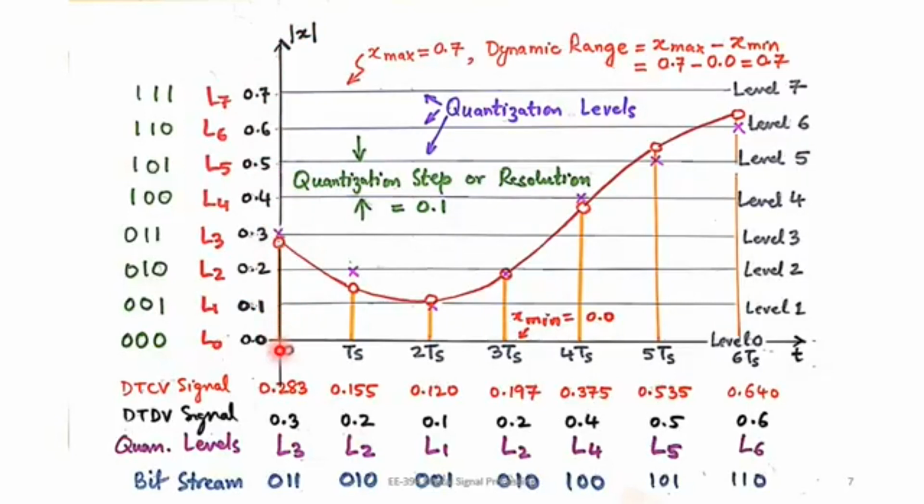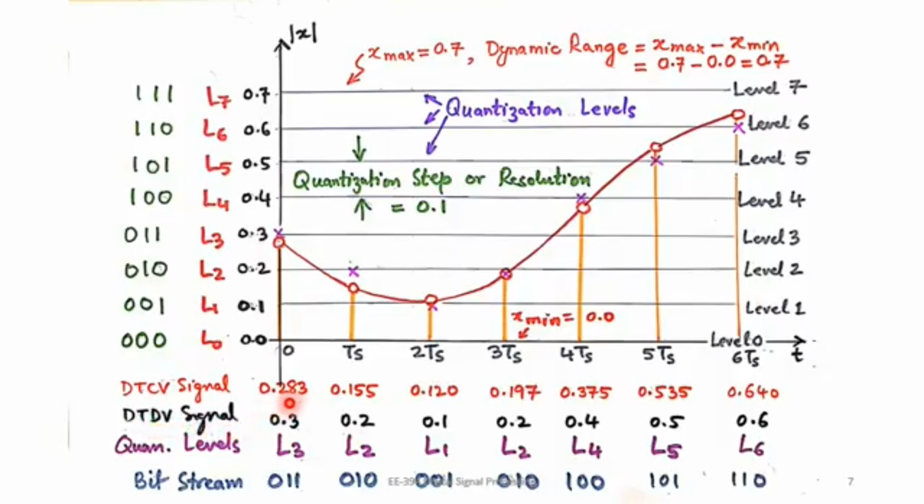So the first level is 0.0, the second level is 0.1, the third level is 0.2, 0.3, 0.4, 0.5, 0.6 and 0.7. And depending on the individual values of the discrete time continuous valued signal, we round them off and convert them into a discrete time discrete valued signal.